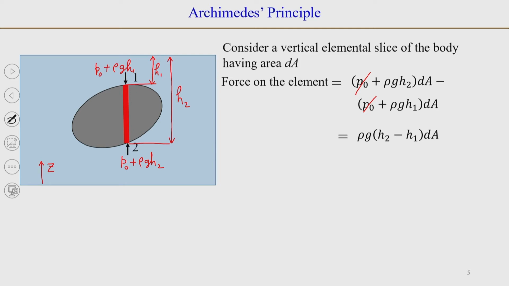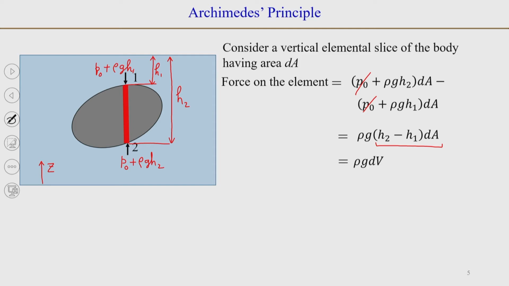Now, (h 2 minus h 1) times dA is nothing but the volume of this small rectangular body. So, h 2 minus h 1 is the height and dA is the cross sectional area.